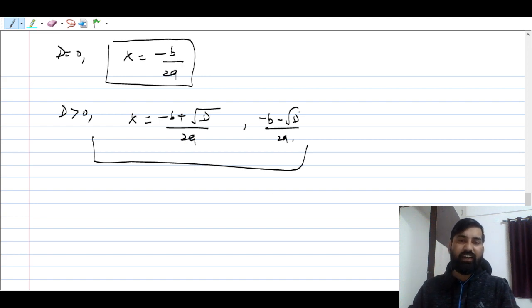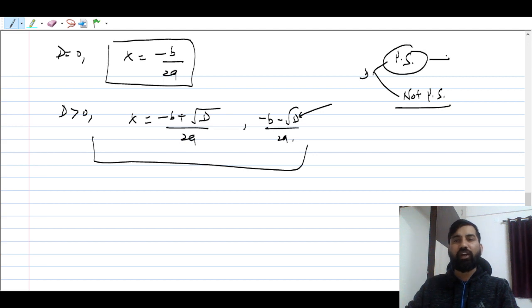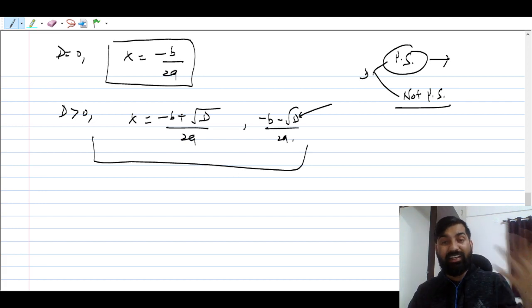So d can be a perfect square, or it can be not a perfect square. If it is a perfect square, the roots will be rational numbers. And if d is not a perfect square, the roots are going to be irrational, right? If irrational, then the pair will always exist, right?